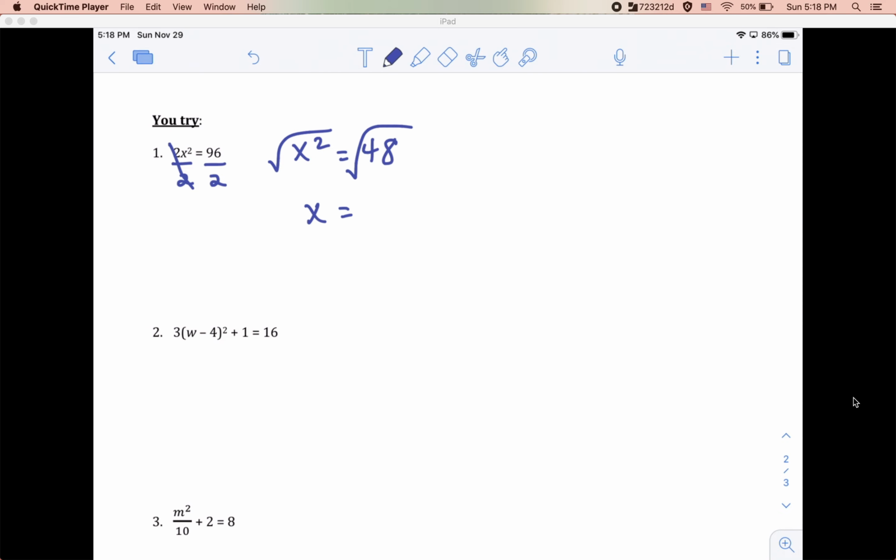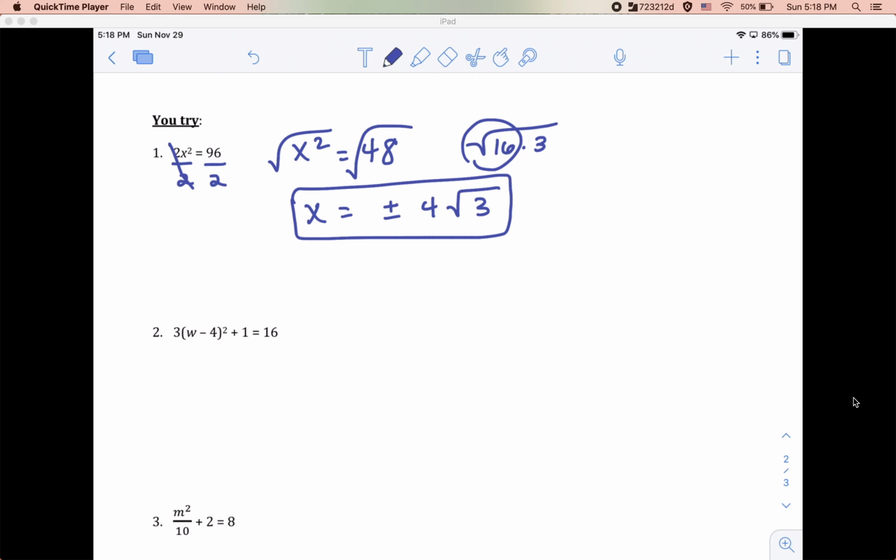Force the square root. Plus or minus. 48 is 16 times 3. That's the biggest perfect square. 16 comes out of the house as a beautiful 4. So your final answer is x equals plus or minus 4 square roots of 3.